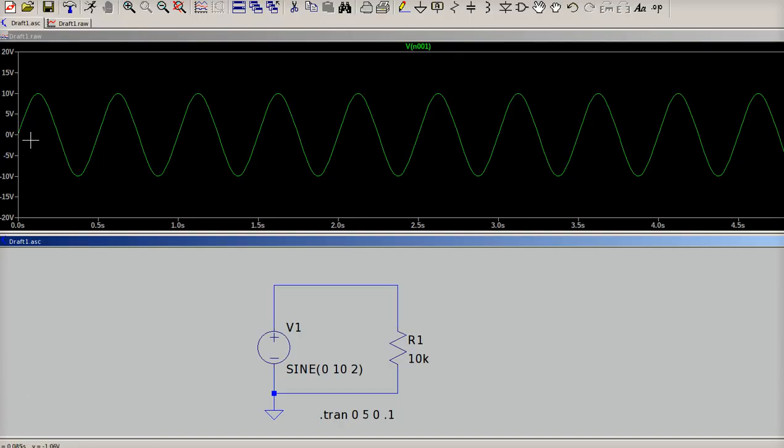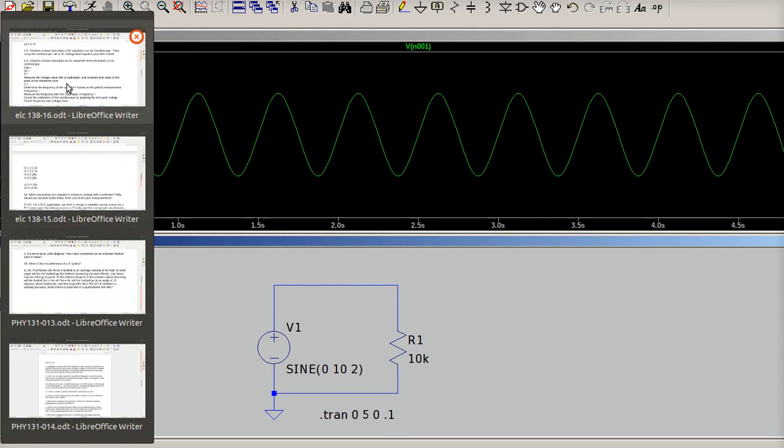My peak voltage is measured from 0. So my 0 to my peak is how far. And in this case, it's 10 volts. But on any sine wave, if you know how far up it goes, you can tell me what the peak voltage is, and now you can tell me what the peak-to-peak voltage is, and you can tell me what the relationship between the peak voltage and the peak-to-peak voltage is.